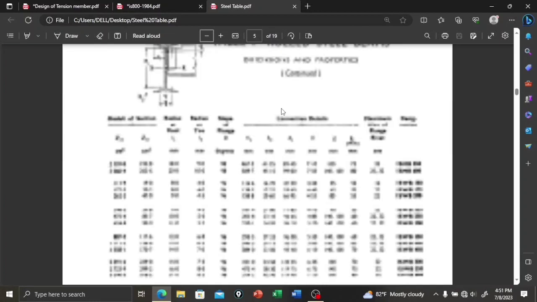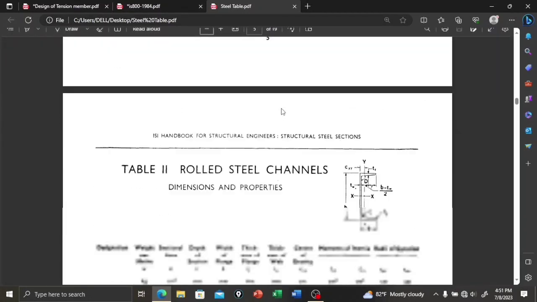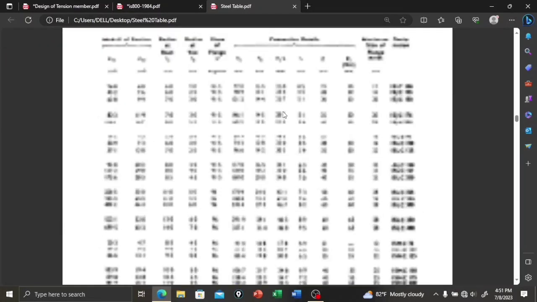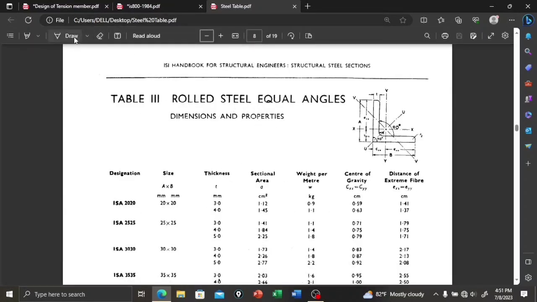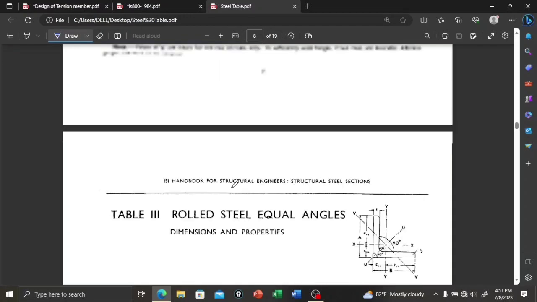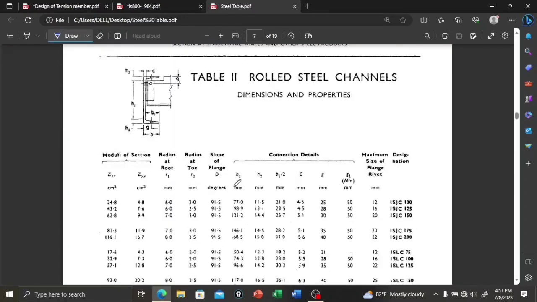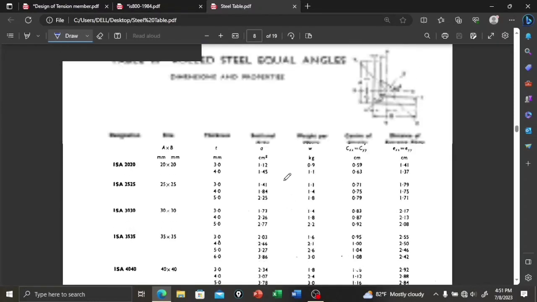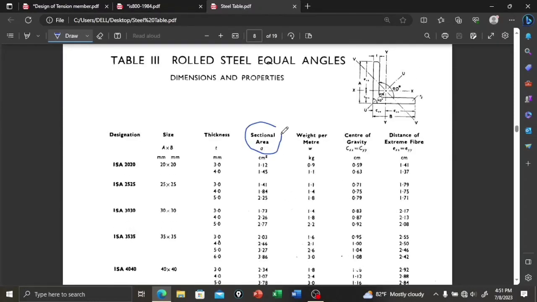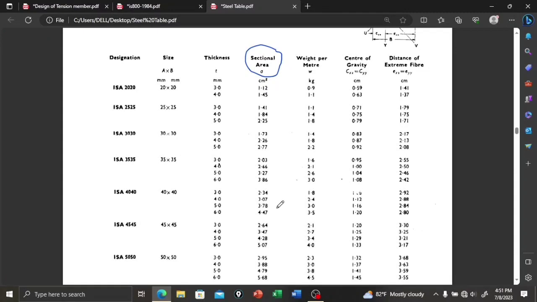Angle section. So from here it is angle section, so area more than 9.6. This is the area column, more than 9.6.